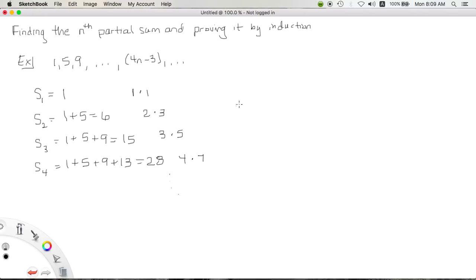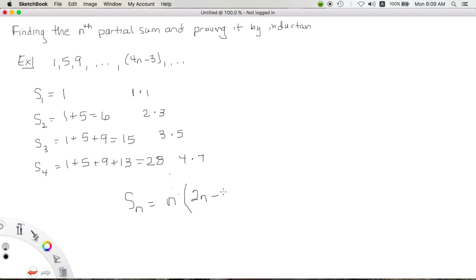So we would take this and say, well, we've got our term number n there, times, and then we need to figure out a way to write odd numbers in terms of n. So we know that if we do 2 times n, that gives us an even number, and if we do 2 times n for this one, we'll get 2, so that's 1 too many, and if we do 2 times n, we get 4 here, and that's 1 too many.